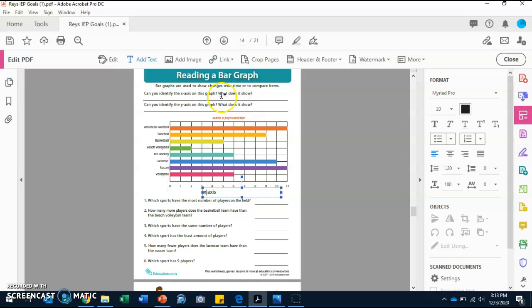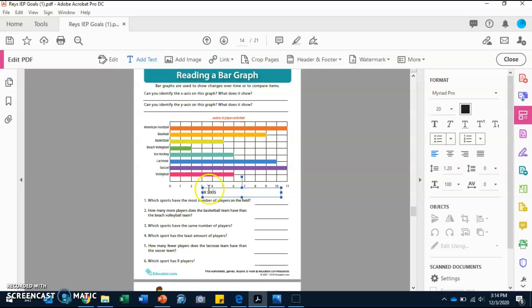And then it asks, what does it show? So what are these numbers showing you? And if you see up here, it's telling you number of players on the field.